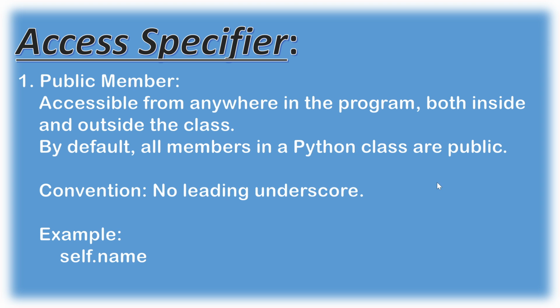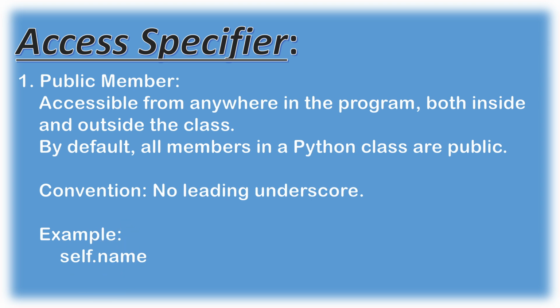In our previous examples, you have seen that I have used self.name. I have not used any kind of underscores, which means this is a public member.